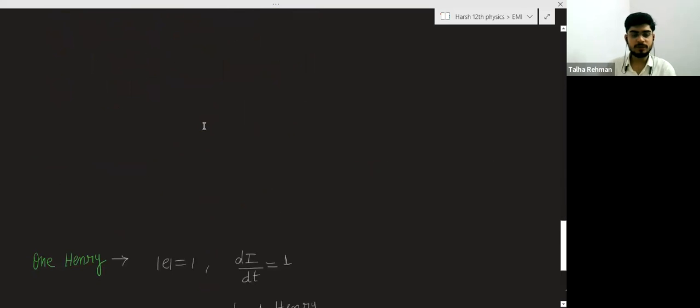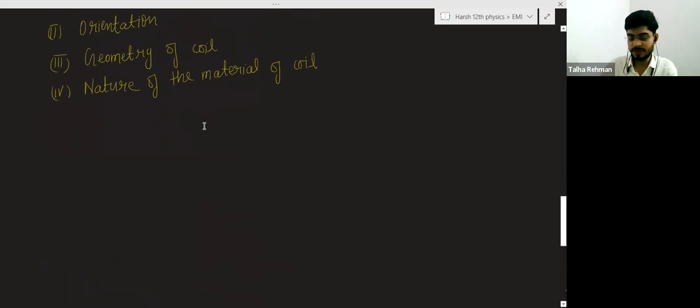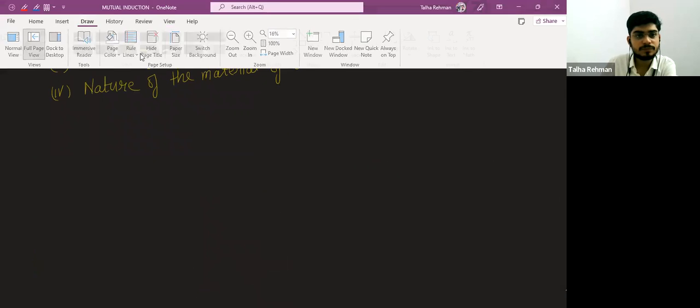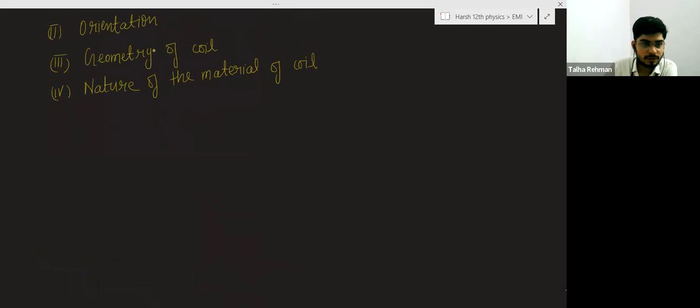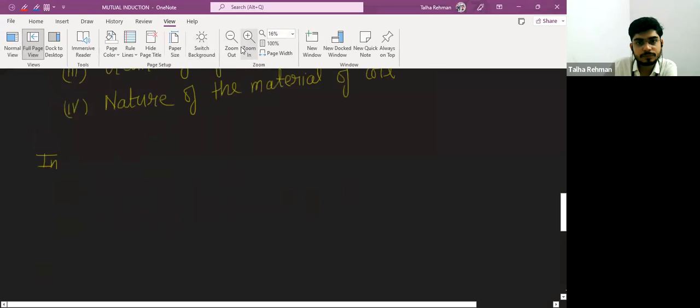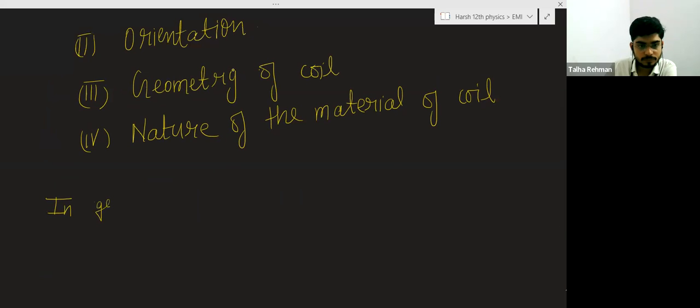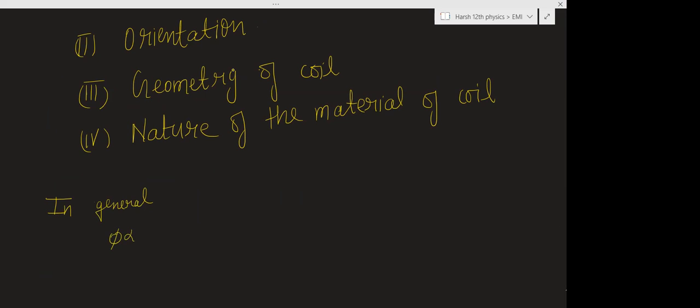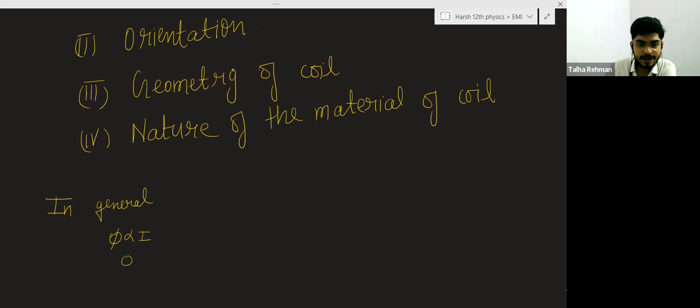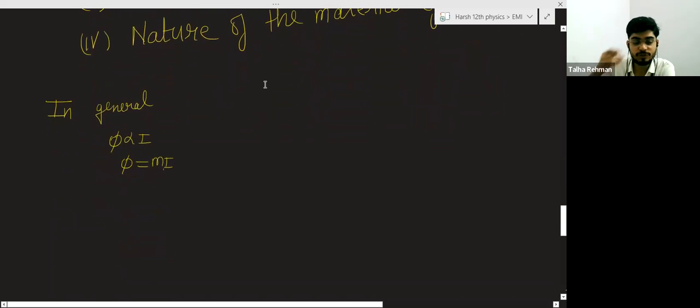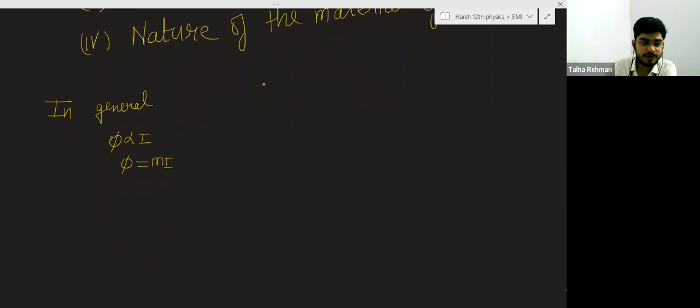So here we know that we can write in general, flux in one coil is directly proportional to the current in another coil, and that phi is equal to M I. Now we will use Faraday's law, that is E is equal to minus d phi by dt.